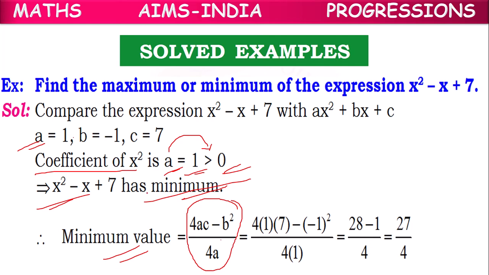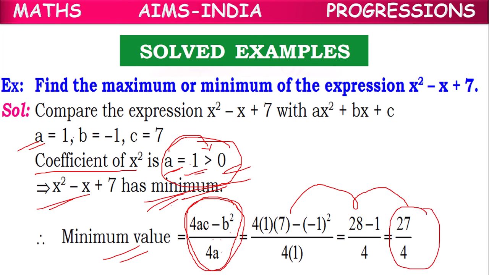Because here the a value is greater than 0, that's why it has a minimum value. And according to our concept, the minimum value is 4ac minus b square by 4a. Let's substitute the values and simplify. We will get the answer 27 by 4.